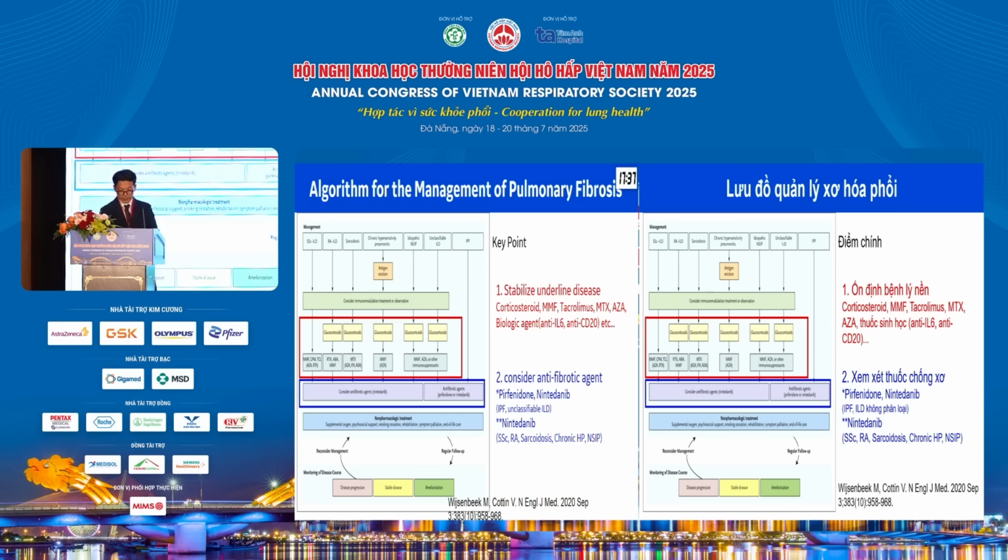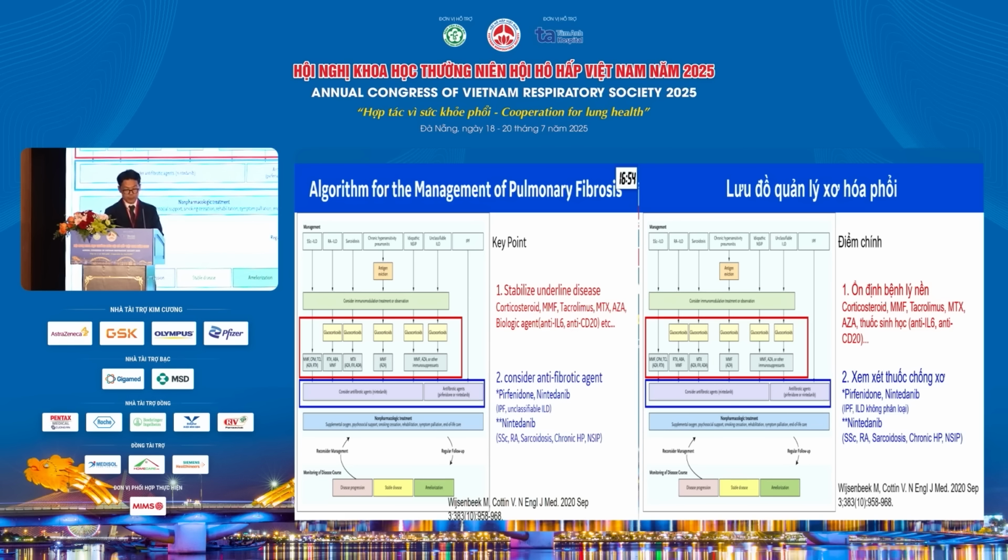Once again, we will discuss the treatment strategy for PF in diseases where an inflammatory process is suspected. It is necessary to treat the underlying disease, that is, treatment with immunosuppressive drugs such as steroids, and MMF. Biological agents are used after these immunosuppressive drugs are administered.